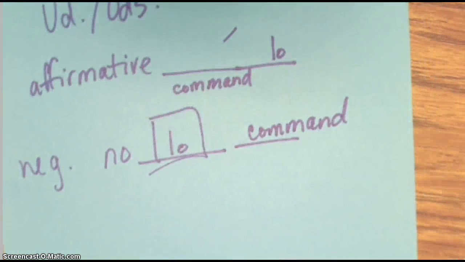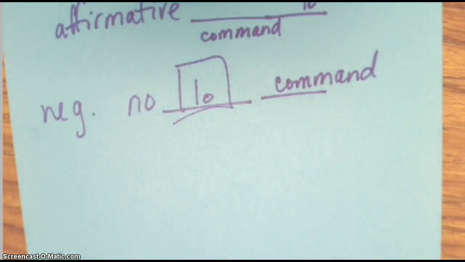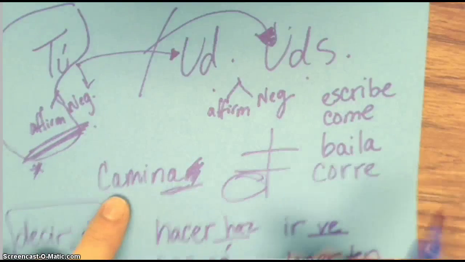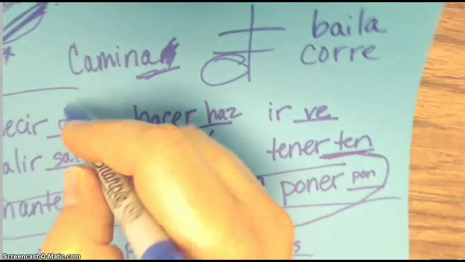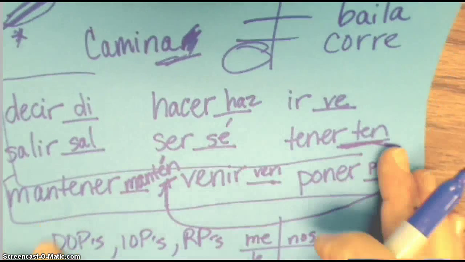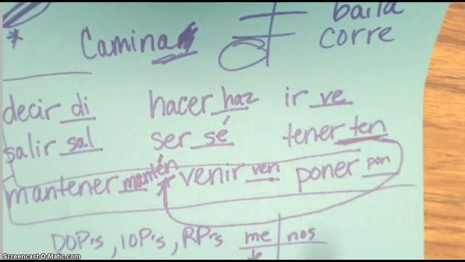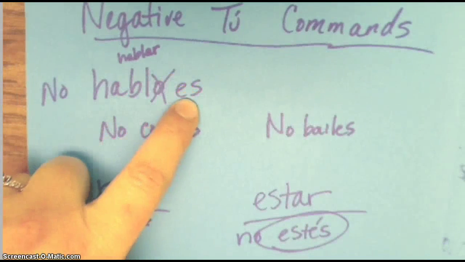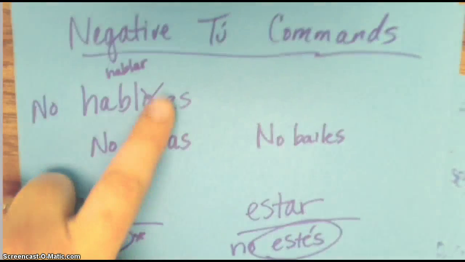The only weird command that you've learned is the tú affirmative commands. The regular ones are just like the usted form of the verb, okay? And then I've got this list of 9 weird ones that are right here, okay? That's my tú affirmative commands. When I start making tú negative commands, that is when it starts looking like what we've been doing, where I take the yo form, I cross over and do the opposite ending, and I'm going to put the S on it because it's tú.